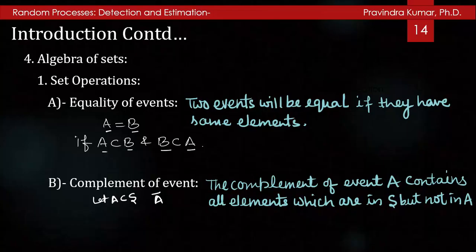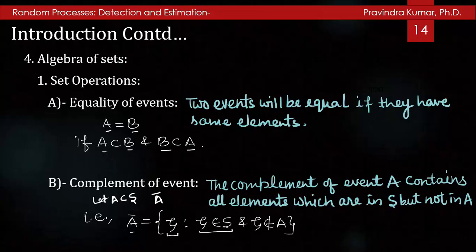A bar has all sample points xi such that the sample point xi belongs to S and also xi doesn't belong to A. Simultaneously it belongs to S and doesn't belong to A. And this is the meaning of "such that".